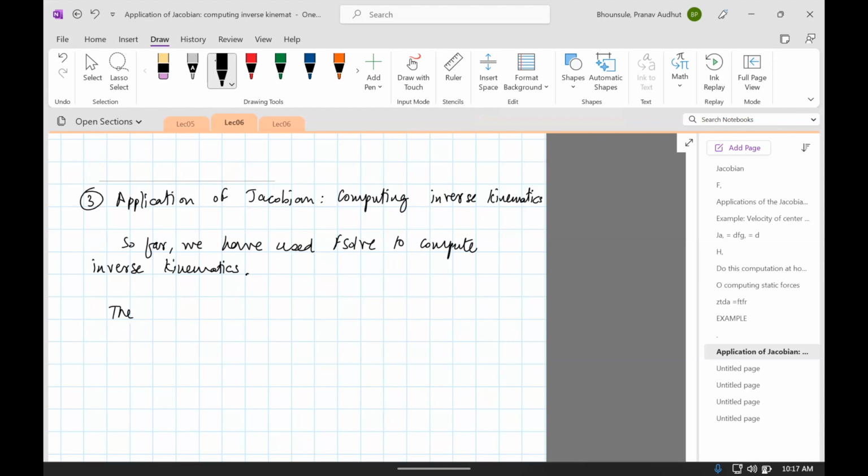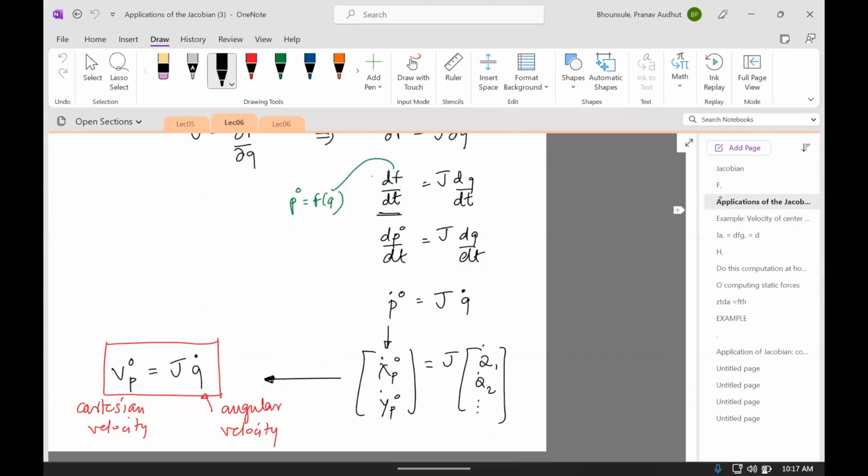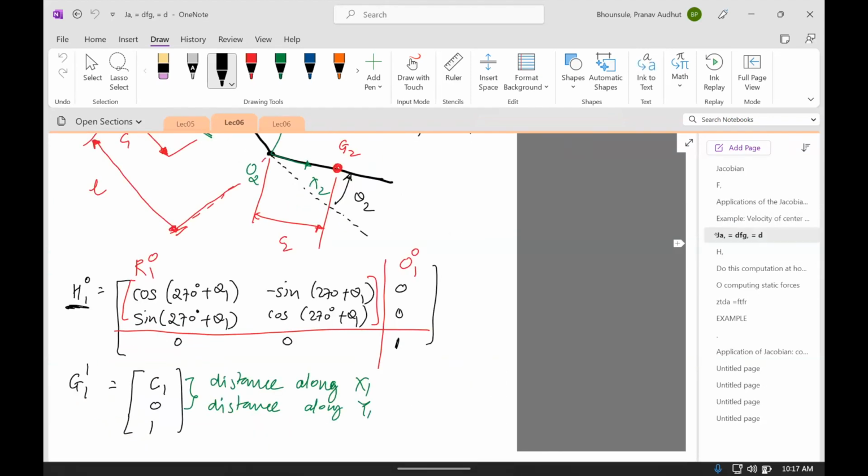So here's some theory. We know that the velocity of any point is the Jacobian of that point times q dot. This was derived earlier. I just took this expression, J times q dot.